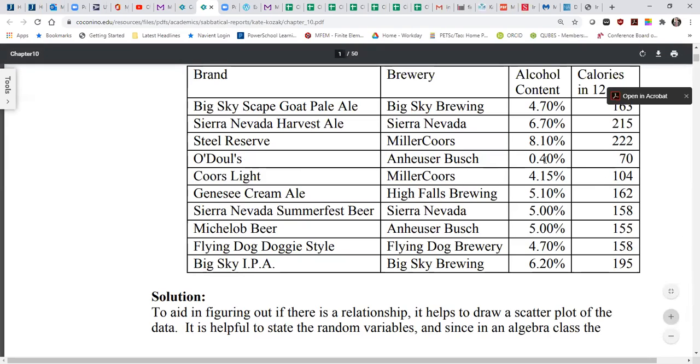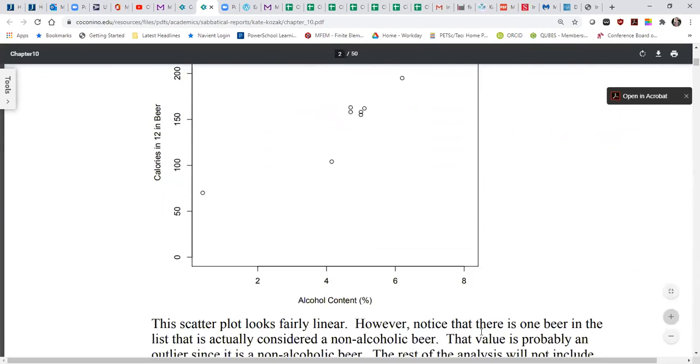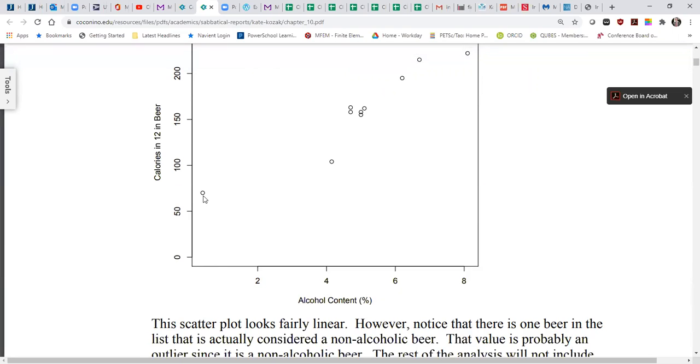If the alcohol content is 0.4%, the calories are 70. So 0.4 is this point here, and the calories will be around 70. Between these two is 75, so 70 is close to this one. So this is for 0.4 and 70.